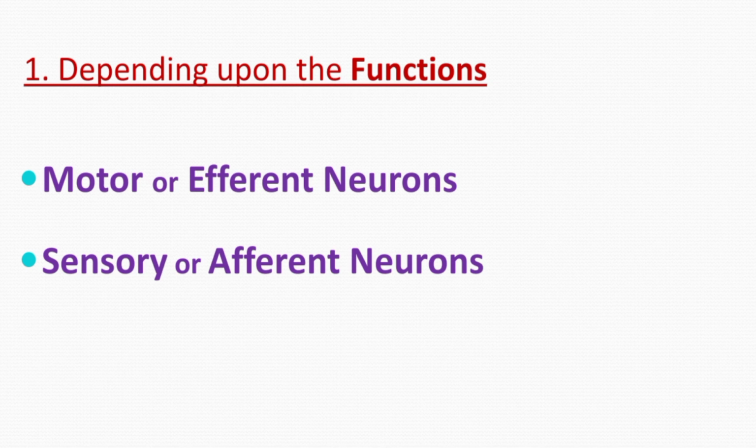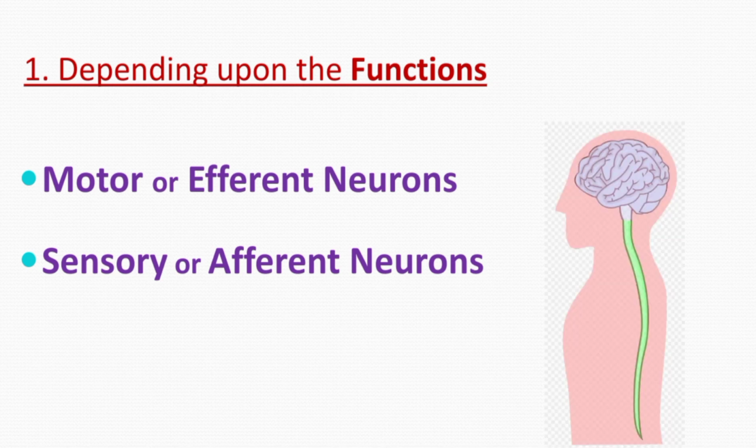Now here we can divide the neurons into two major types, that is motor or efferent neurons and sensory or afferent neurons. Now motor neurons are the ones which carry impulses from the CNS to the periphery.